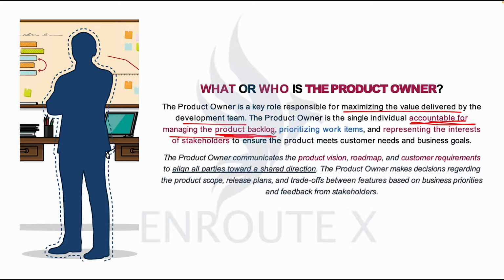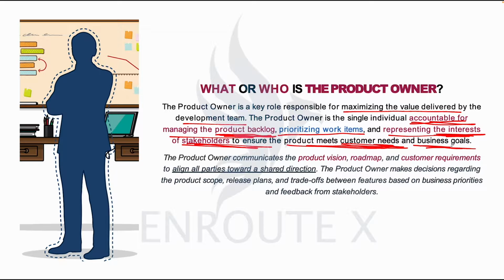He creates the product backlog, he manages the product backlog. But not just that, including prioritizing the work items and representing the interests of stakeholders to ensure that products meet customer needs and business goals.